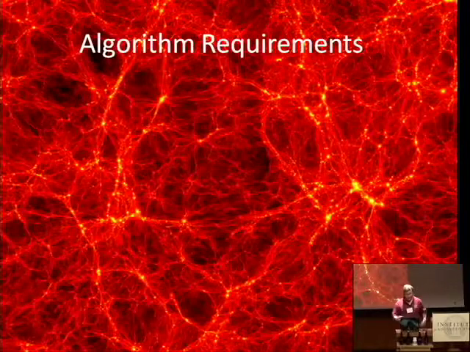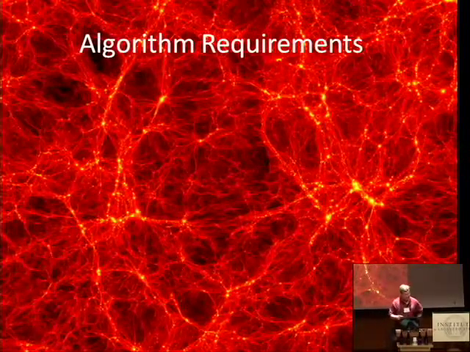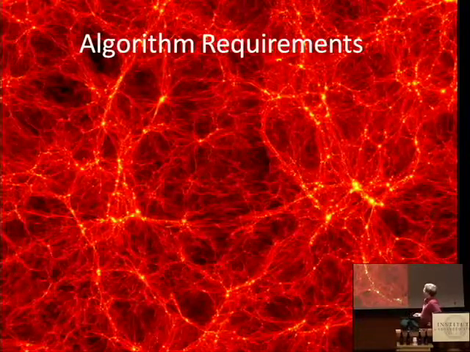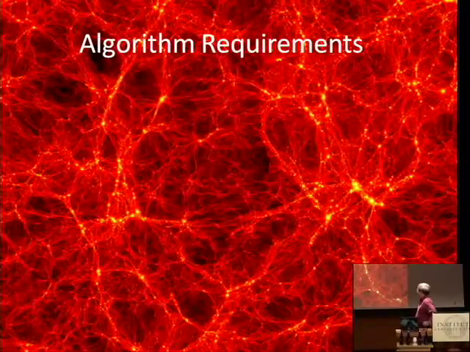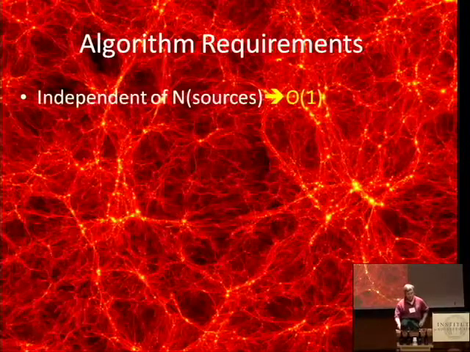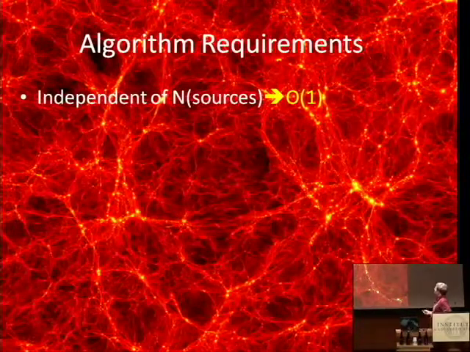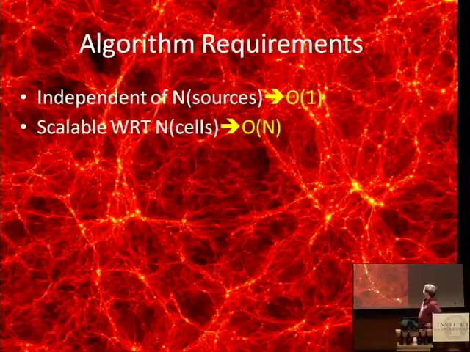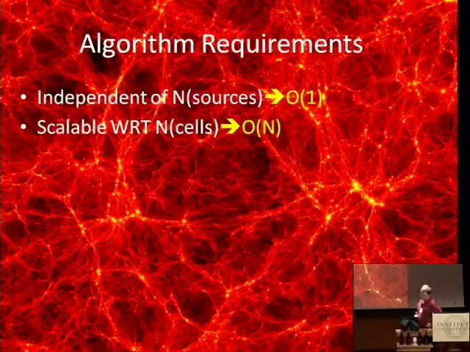And let me set out the algorithm requirements that we had. Basically, we'd like to be able to do simulations like these, where each of these yellow dots would be a source of radiation. And you can see that there's a lot of them. So we would like an algorithm whose cost is independent of the number of sources, scalable with respect to the number of unknowns, that is, the number of grid cells in the computation. Here you're looking at 8 billion.